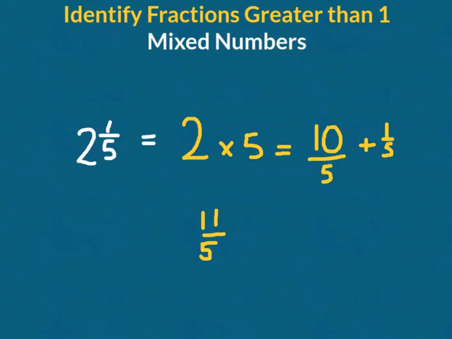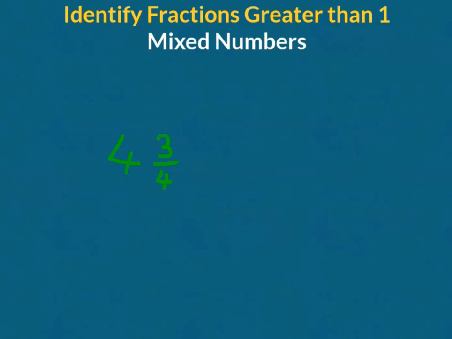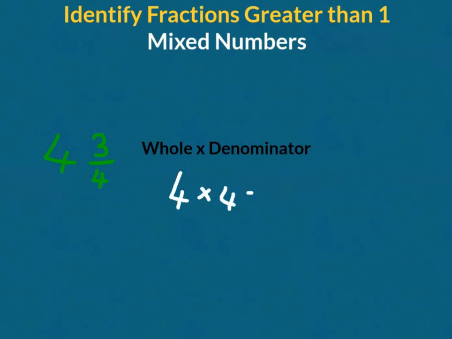Let's have another look. Here's a mixed number, 4 3/4. The first thing we've got to do is multiply the whole number by the denominator. So 4 multiplied by 4 gives us a product of 16. That's 16 parts of 4 as a fraction. Now we have to focus our attention onto the fraction part of the mixed number, 3 parts of 4, 3/4.